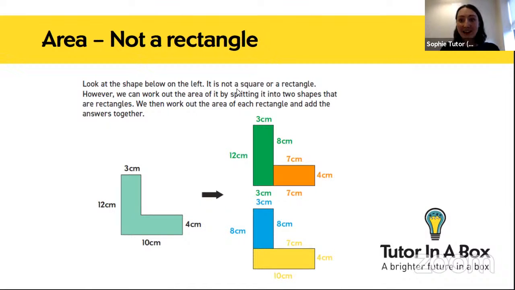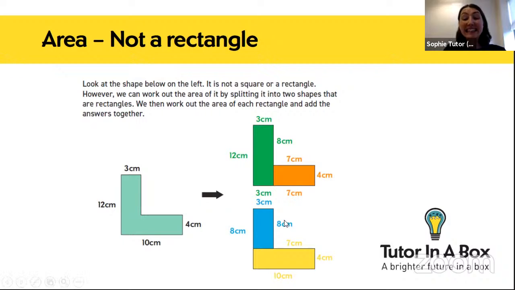And so then that's going to give us the area. So for example, if we did this top one, looking at the green bit, to get the area of the green bit, you'd do 12 times 3. So that gives you 36 centimeters squared. You'd then work out the area of the bottom bit, which is 7 times 4, which gives you 28 centimeters squared. We'd then add our 36 centimeters squared and 28 centimeters squared together to give us our answer.